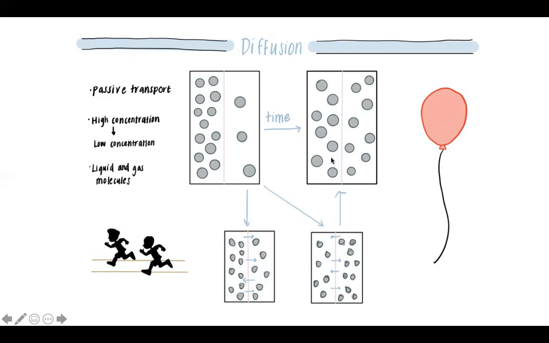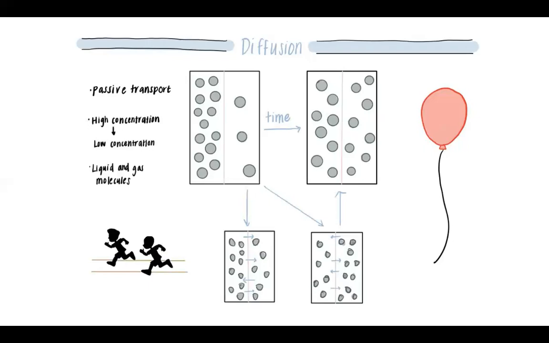And even when there is an equal amount, these molecules don't just stop moving, but they're just moving on both sides at the same rate. These molecules' motion results from collisions with each other or the container, and these collisions give them a change in direction.